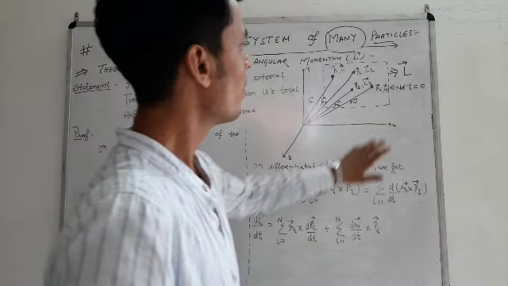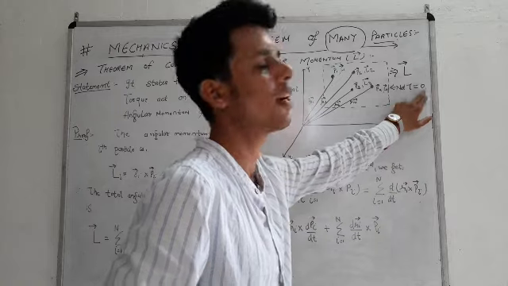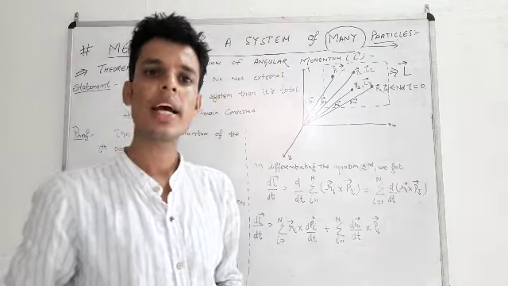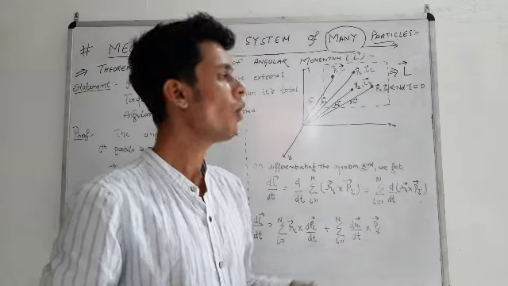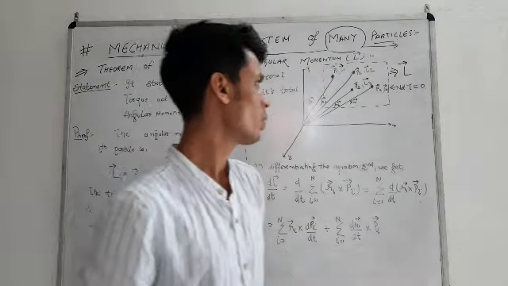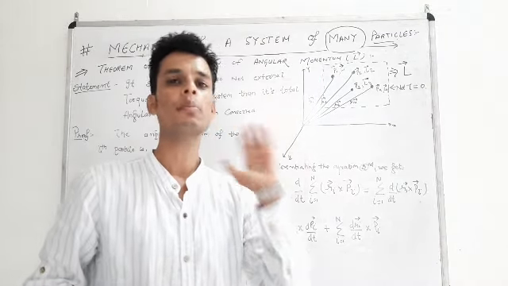The net torque applied on a system is 0. It could be that we are not applying any torque on the system, or the vector sum of the torques is equal to 0. We know that torque is also a force which gives rotational motion to a body.